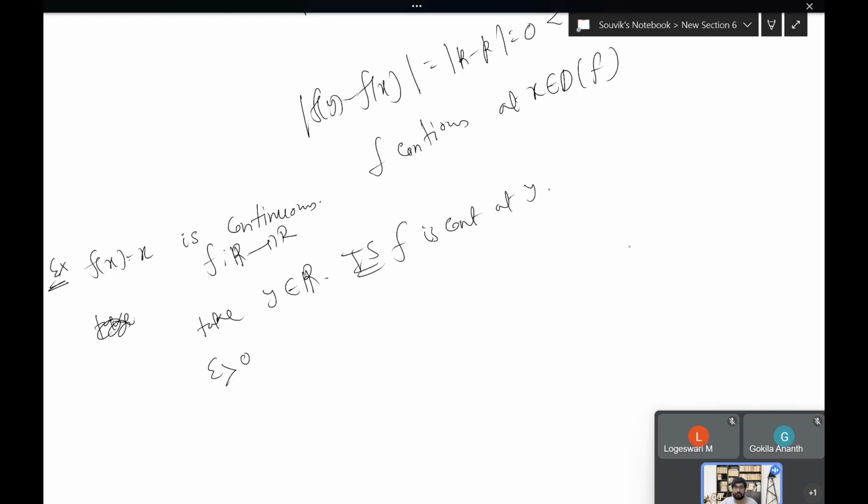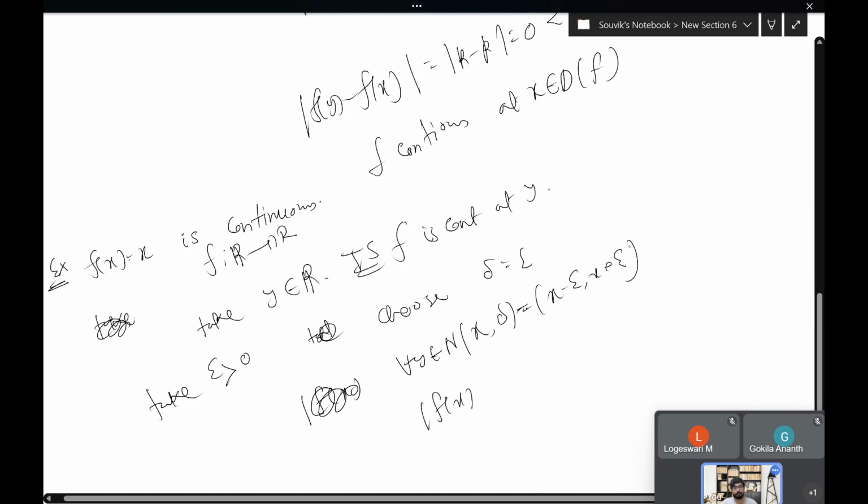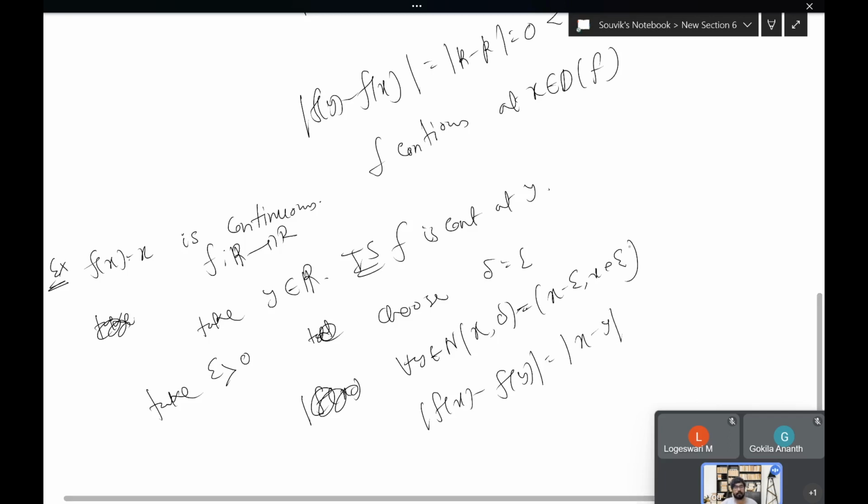Choose epsilon greater than 0 and choose delta equal to epsilon. Then for any y belongs to the neighborhood of x with radius delta, which is nothing but the open interval x minus epsilon to x plus epsilon, mod f(x) minus f(y) equals mod x minus y, which is less than epsilon, right?